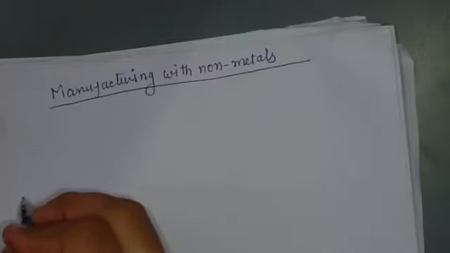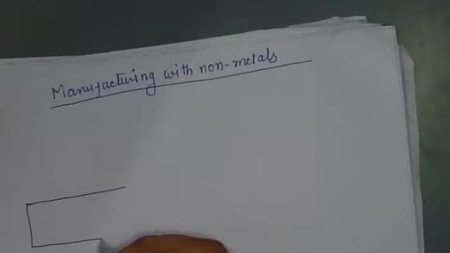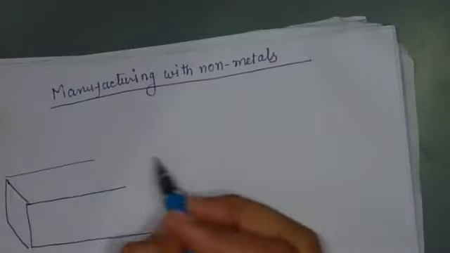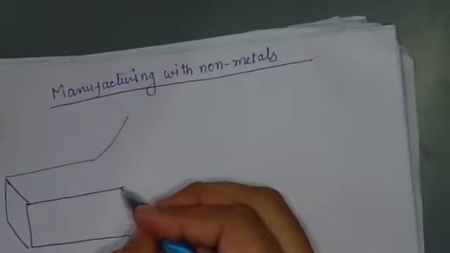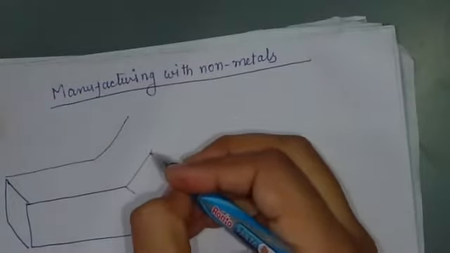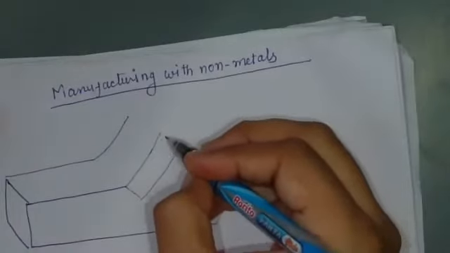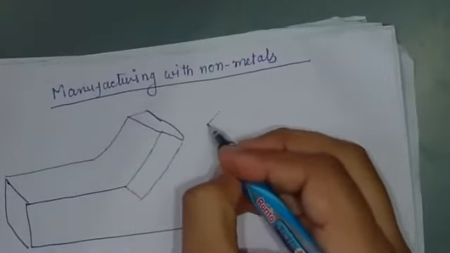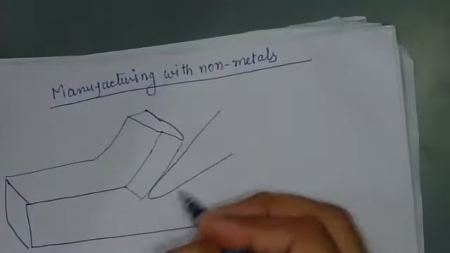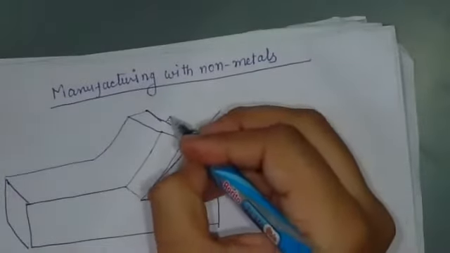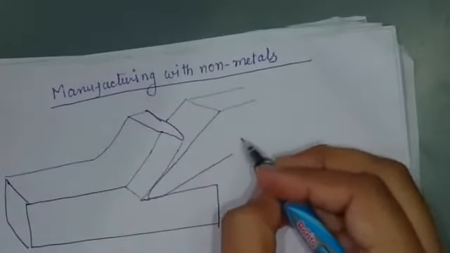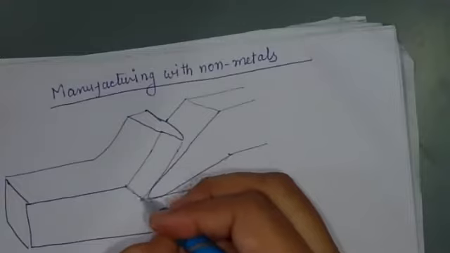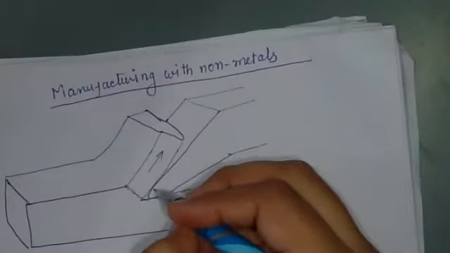If you remember this three-dimensional image, that is a cutting tool which is fed against the workpiece, and the workpiece is sheared along this shearing plane, and the chip flows upside over the rake surface of the cutting tool.